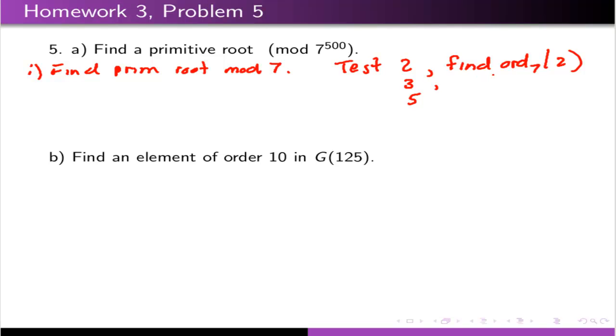Okay, so once you find a primitive root mod 7, let's say A is a primitive root mod 7, you look at the Fermat little relationship.